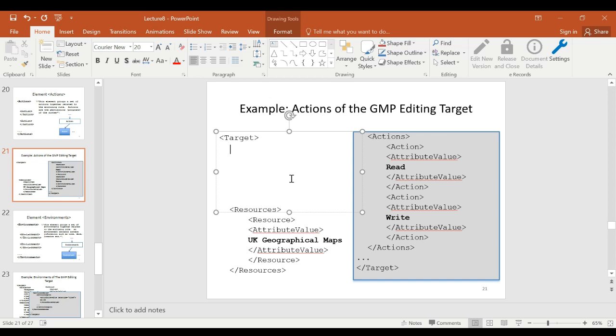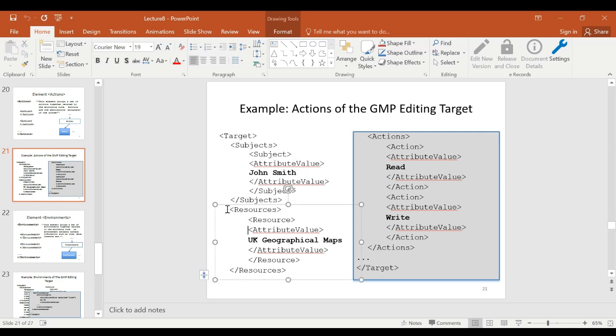It applies to every particular subject who is attempting to access this particular resource with these couple of types of actions. And it's not just specific to the specific subject that we had written, which was in this case John Smith.